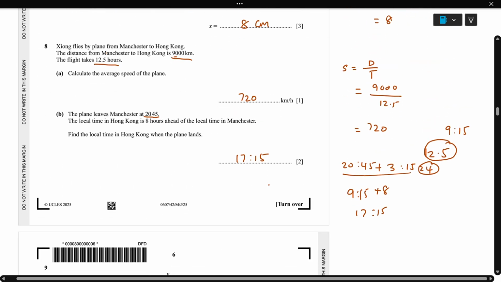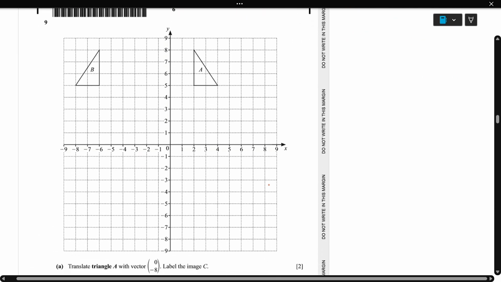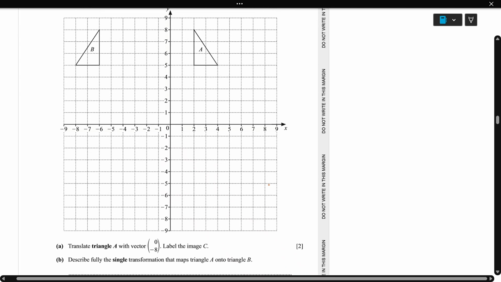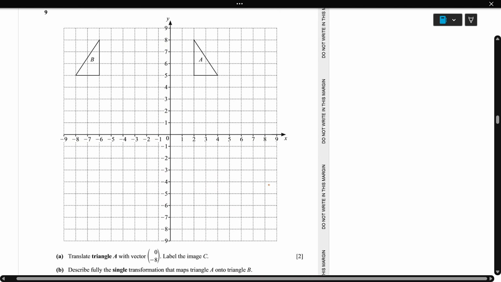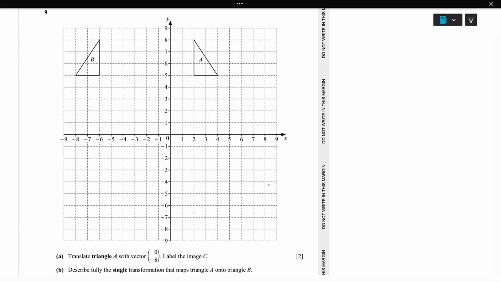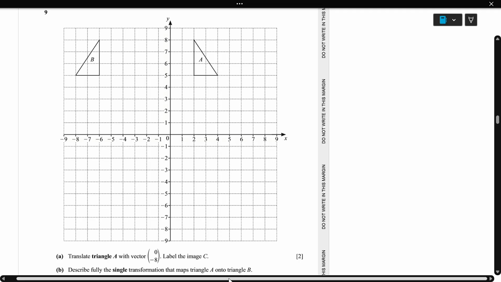The next question here, question 9. Translate triangle A with the vector 0, -8 and label the image C. So here 0, there is no horizontal translation, only vertical is happening, that is 8 units down. So triangle A here, 8 units down, 1 2 3 4 5 6 7 8.